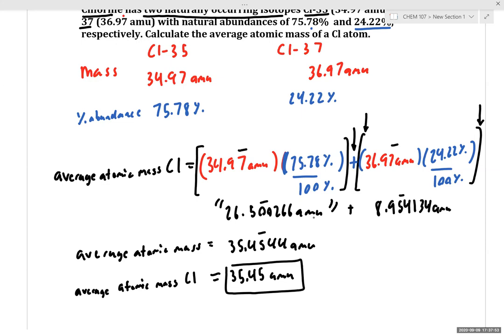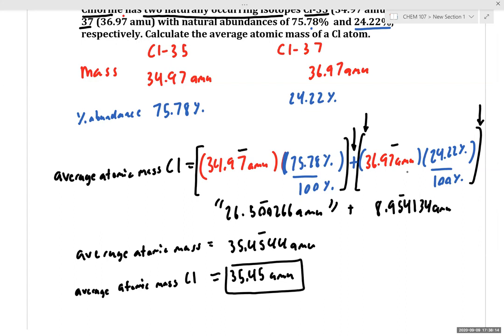Any questions on this example? You really want to try with your calculator and just make sure you can get the same results. Is everyone feeling comfortable with this? Is everyone getting the same results when they try to calculate the average atomic mass?